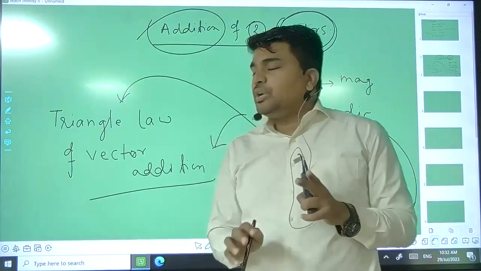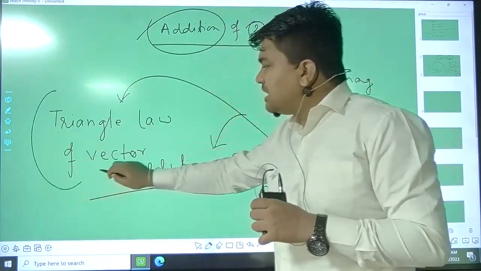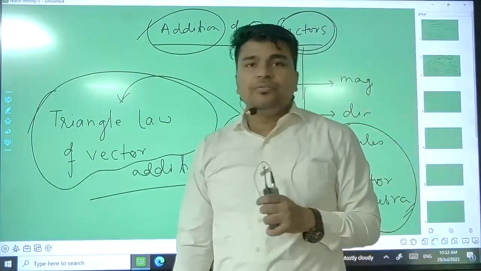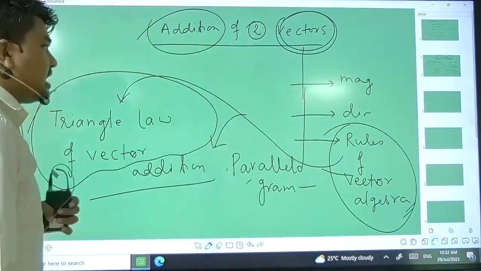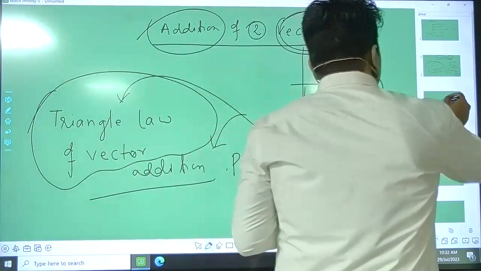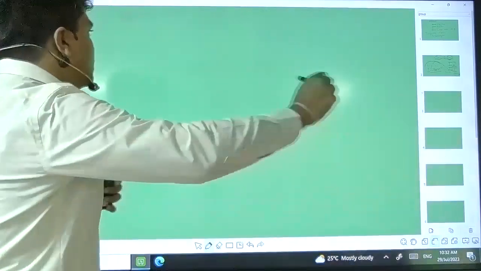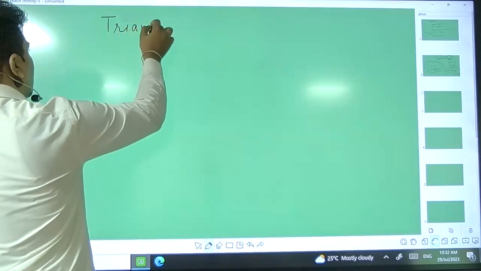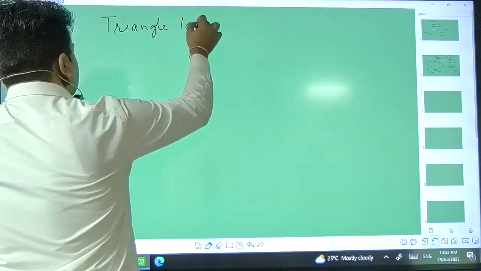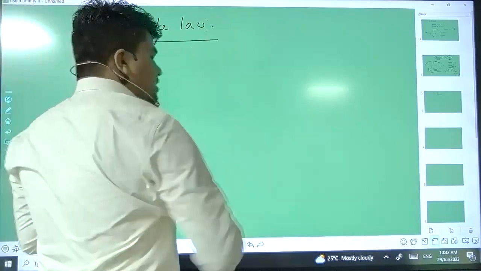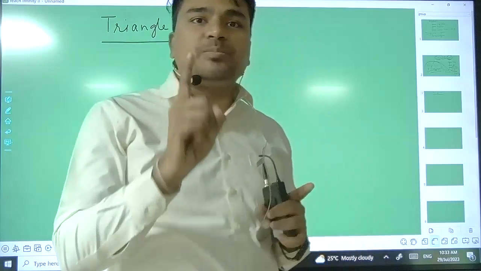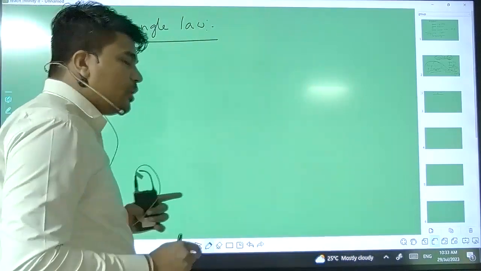Now we are going to discuss the first rule, that is the triangle law of vector addition. What is the triangle law of vector addition? Okay, fine, let's talk about it. First, I am going to talk about the specific rules for this particular law.